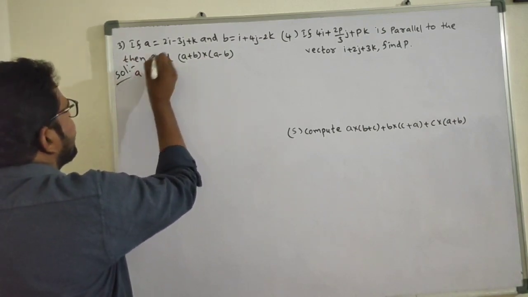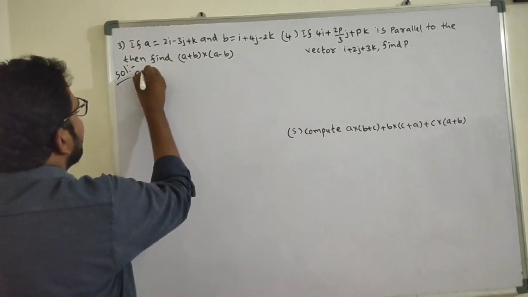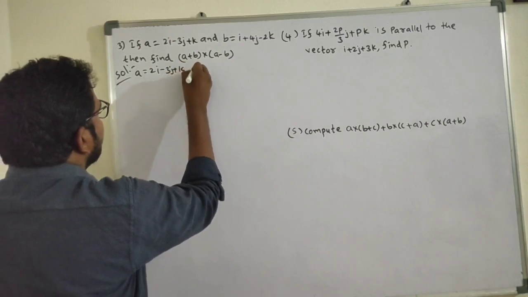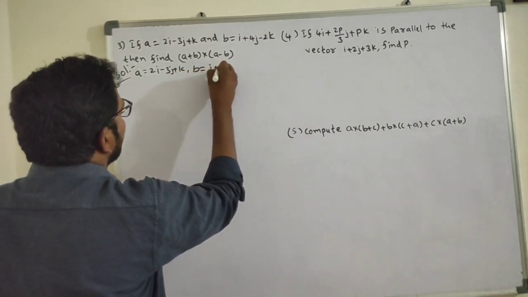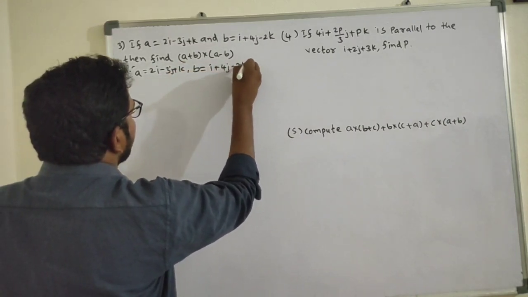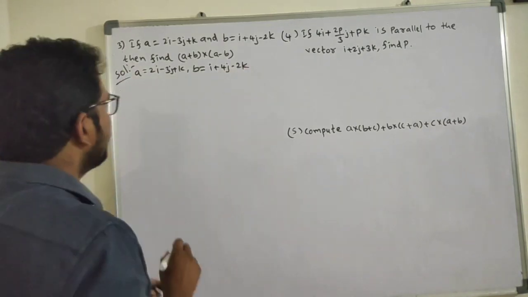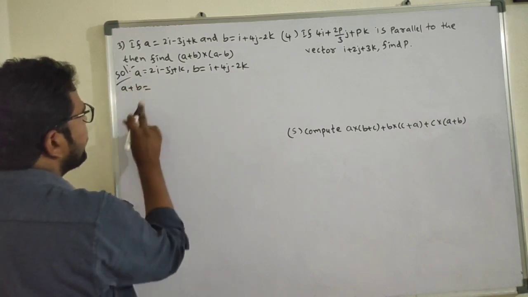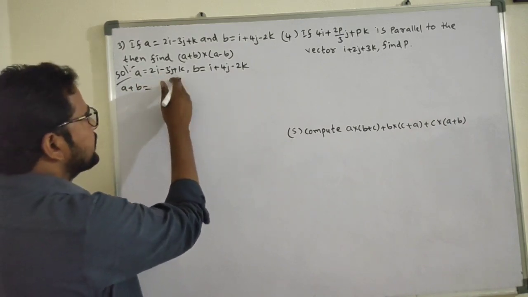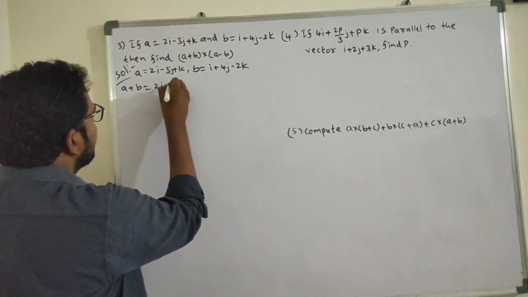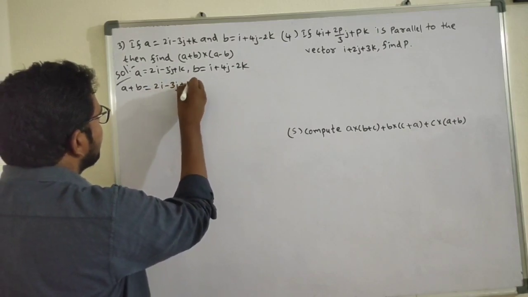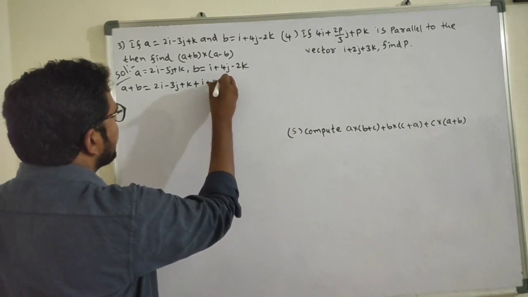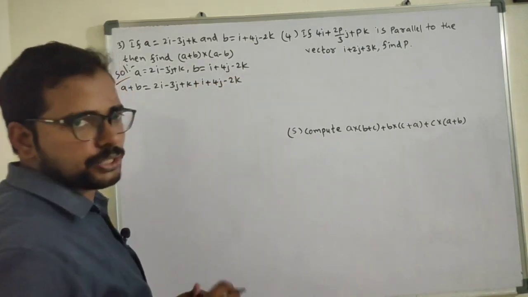Vector A is given: A is equal to 2i minus 3j plus k and B is equal to i plus 4j minus 2k. First find A plus B. A plus B is equal to 2i minus 3j plus k plus i plus 4j minus 2k.